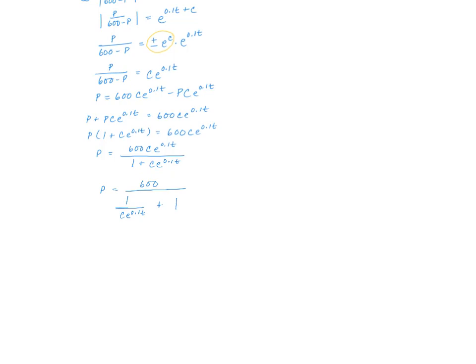And now I'm going to rewrite this, and when I do, I'm also going to take 1 over c and just replace it with the constant c. If 1 over c is a constant, then it's just the constant c. So p is equal to 600 over the constant c, e to the, I'm going to make it a negative exponent so I can bring this up, plus 1. All right, so that looks nicer.